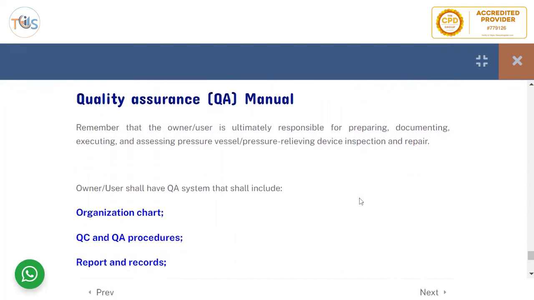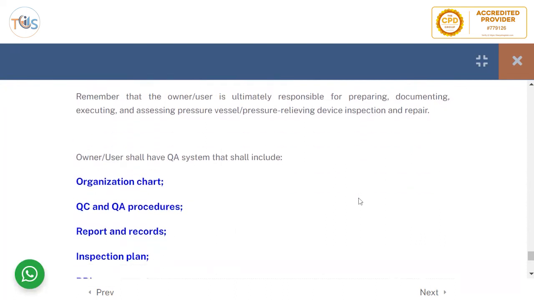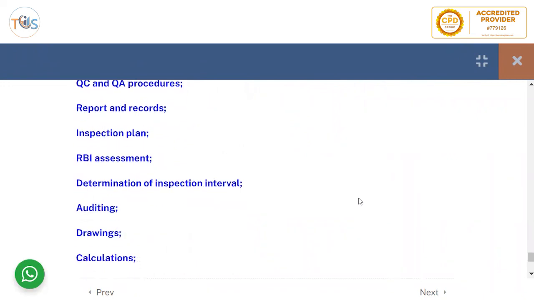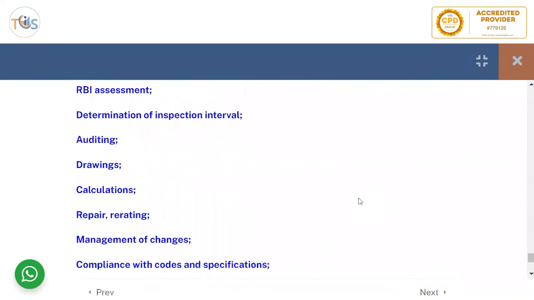The quality assurance manual is a quality management system, and it includes the org chart, procedures, reports, resources, and plan. If there was any RBI assessment in determining the inspection interval, auditing to see that everybody is working according to procedure and there is no non-conformity.